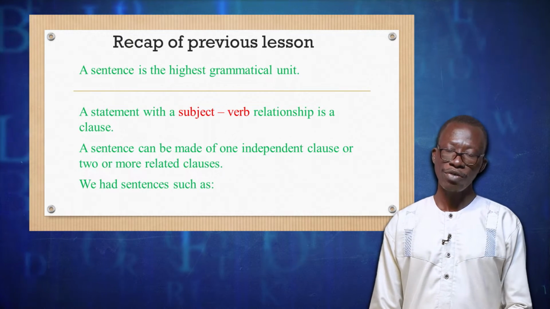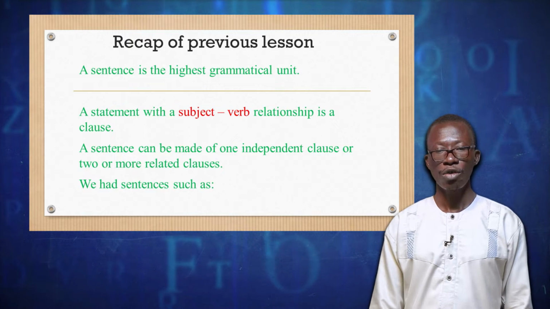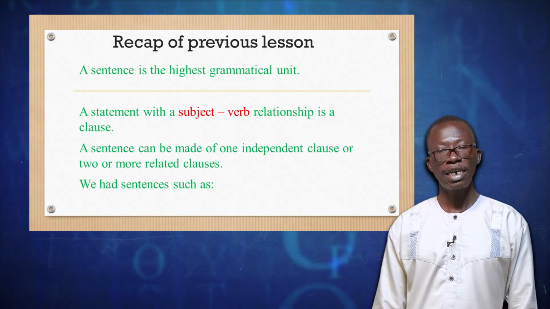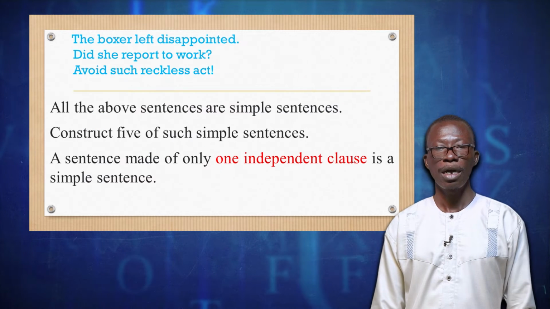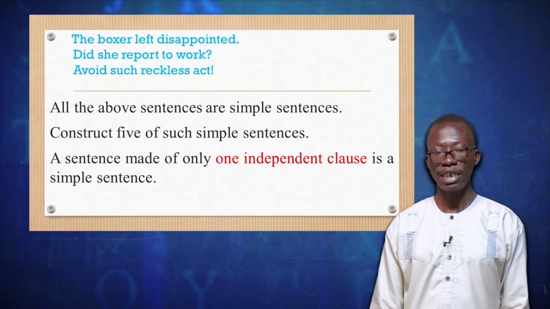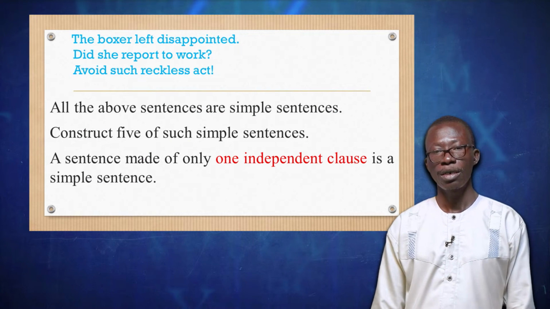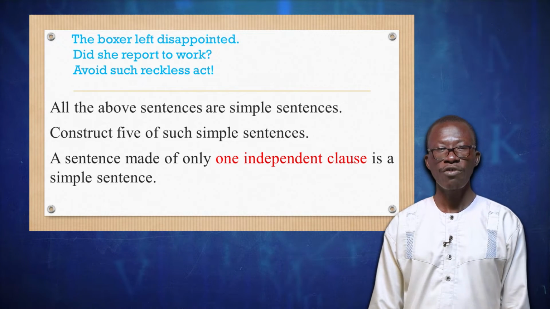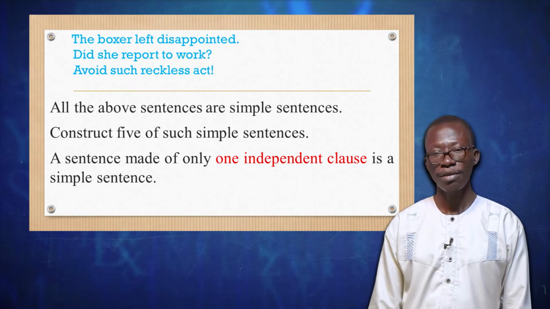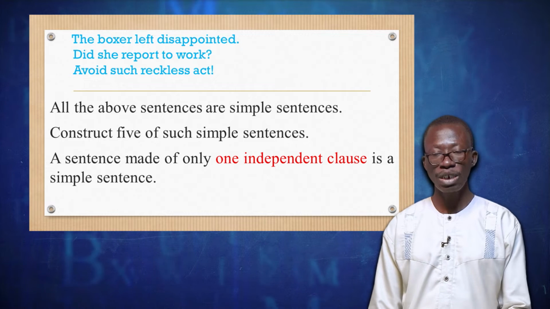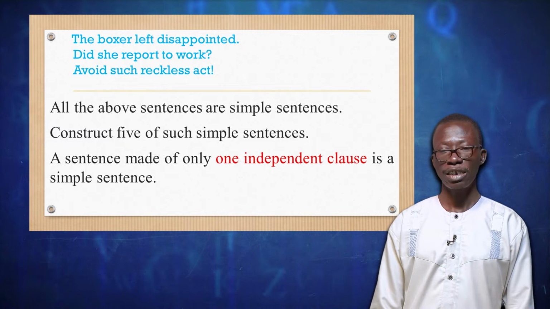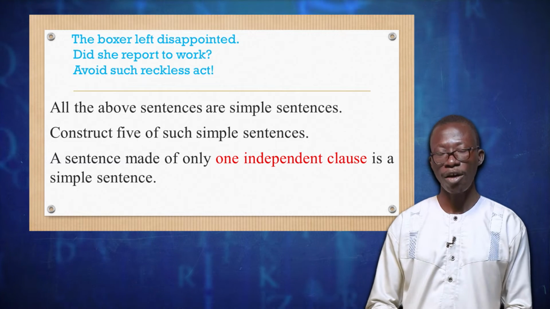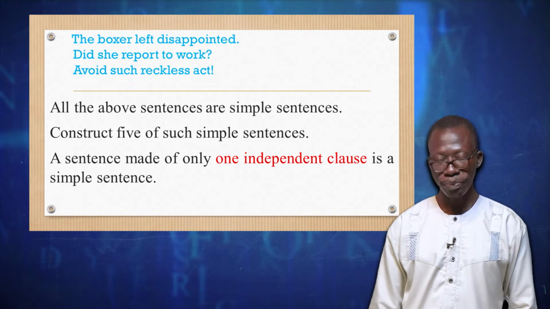In relation to what we discussed last week, we had the following sentences. We had a sentence like, the boxer left disappointed. Did she report to work? Avoid such reckless act. These were the sentences we constructed in helping us understand our discussion on the structure of a sentence.